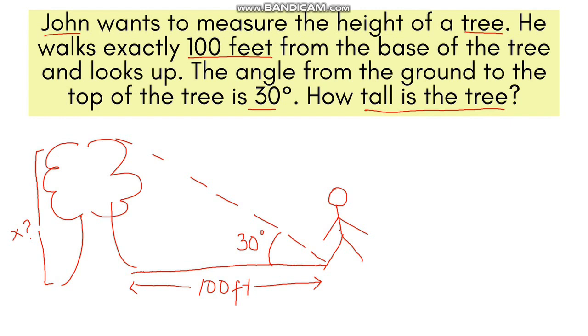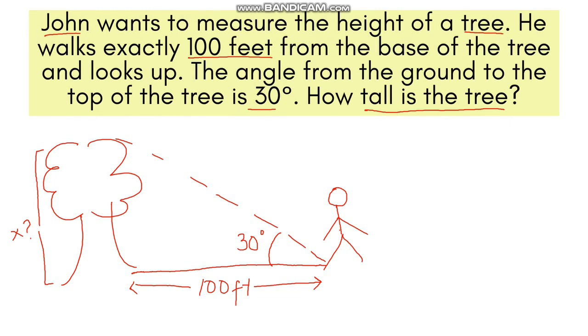As you can see, since the object is above the observer, we have here the angle of elevation. So we will be using the trigonometric ratios in order to solve for the height of the tree. Let's assume that the triangle formed here by the angles and the sides is a right triangle.